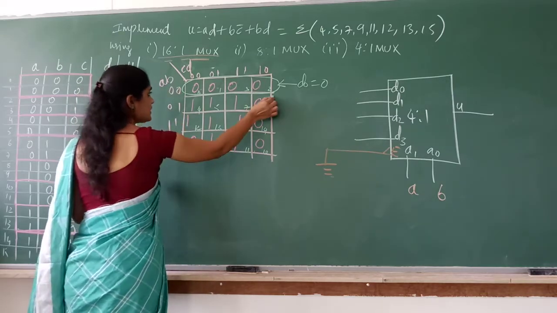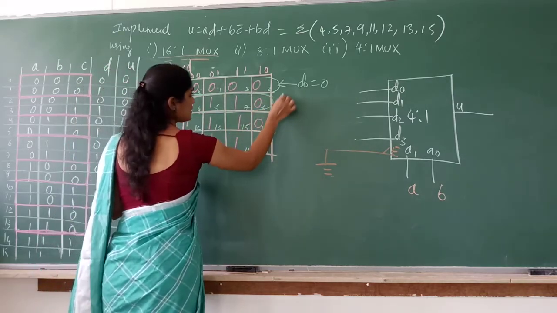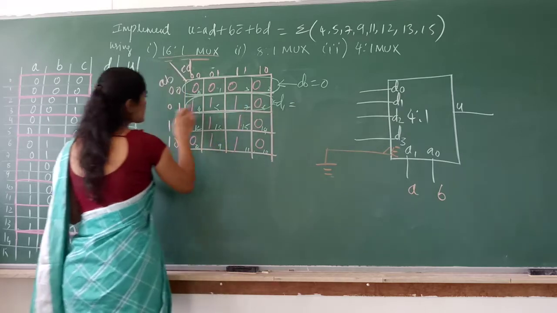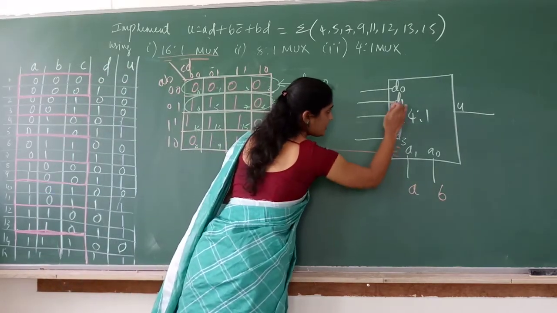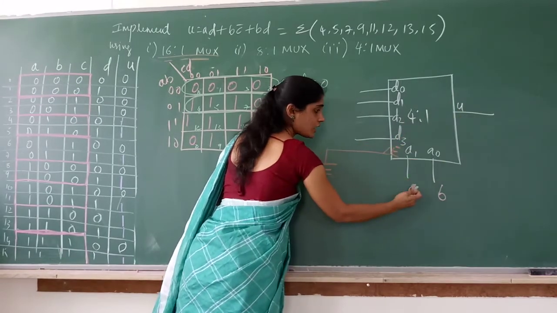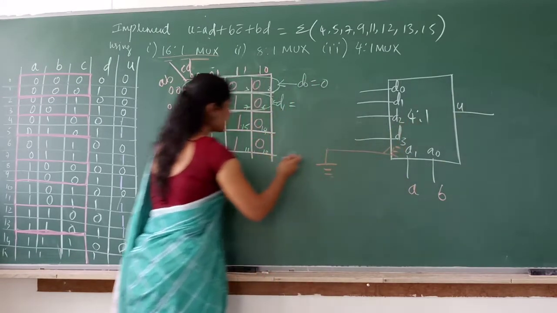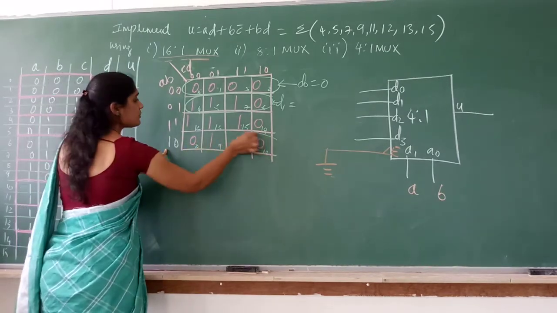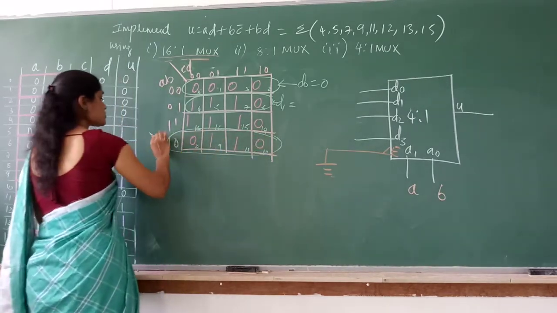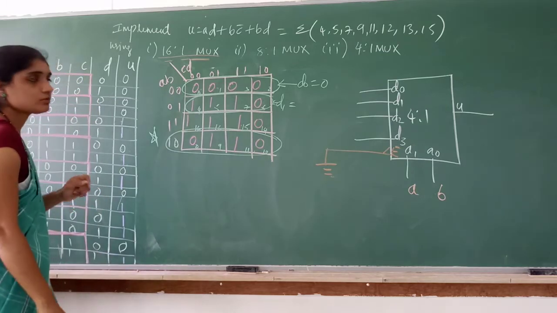Similarly, what is D1? This is D1. Why is this D1? Because for these 4 cells, AB is 0 1. When AB is 0 1, D1 will be connected. Next, AB is 1 0, D2 will be connected. So this will be for D2. Most of you will get confused here.